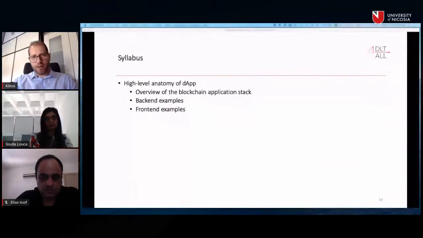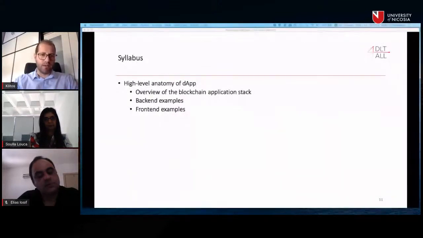These are mainly the front end, which is developed with the use of various technologies such as JavaScript, and backend development, which comprises a set of smart contracts that run on some blockchain protocol, which provides the fundamental infrastructure for supporting the execution of smart contracts, but also a middle layer which acts as the interface between the front end, the user interface, and the back end.